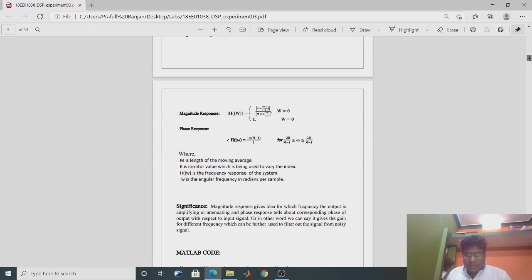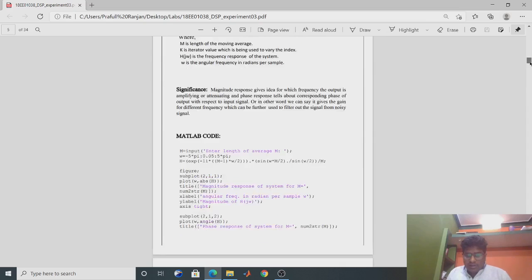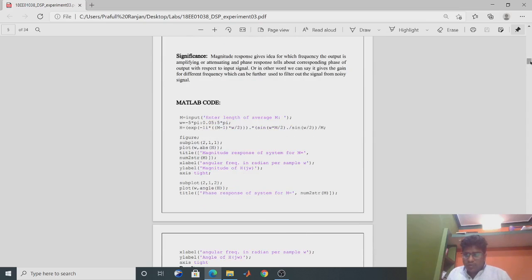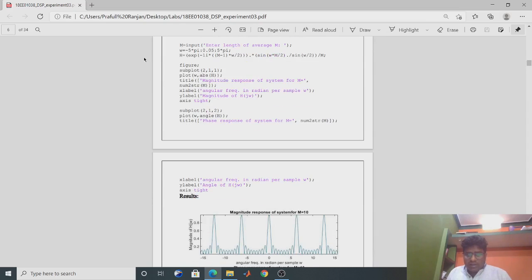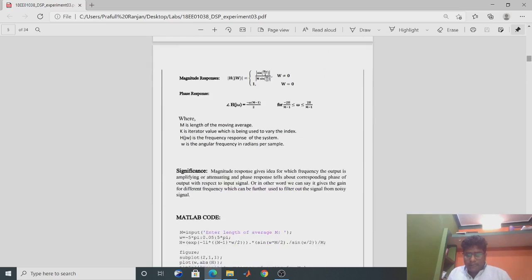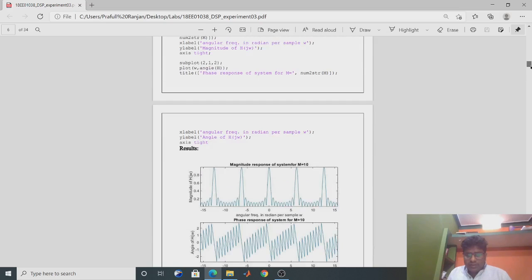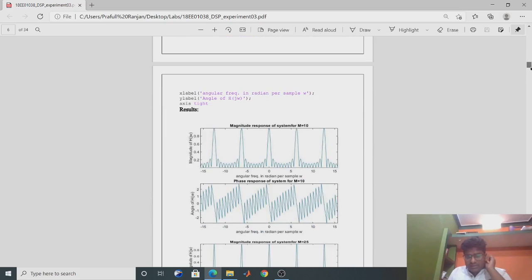This is the mathematical representation. Next, this is the code for the plotting, the expression for the code, and the plot is something like this.